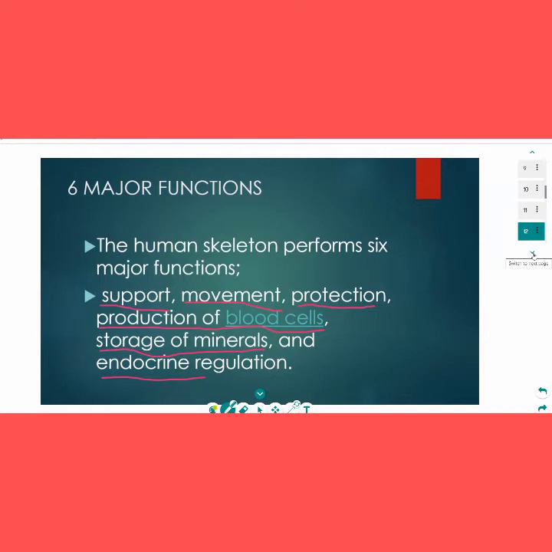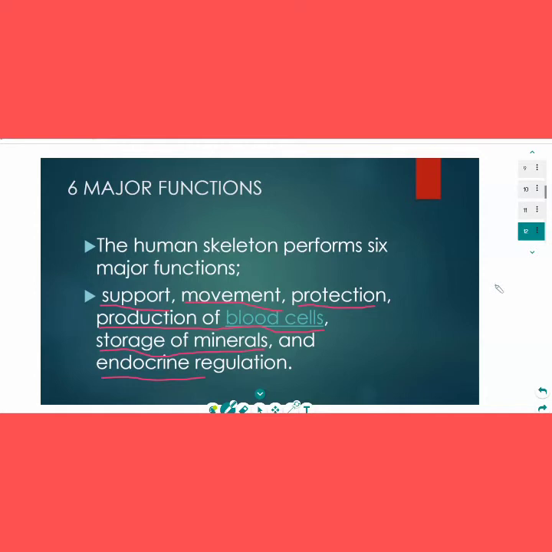Calcium is one of the minerals it is storing inside the bone. But not only calcium, it also stores iron, magnesium, potassium. These all come under minerals. But calcium is the major portion of the minerals that bone stores.